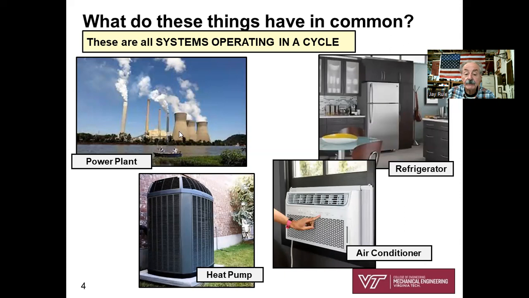It turns out that this particular power plant is the John Amos power plant just west of Charleston, West Virginia. And this is the outside compressor section of a residential heat pump. It's my hope that you've heard of the equipment called a heat pump, and I'll introduce you to how that works if you're not already familiar with it.